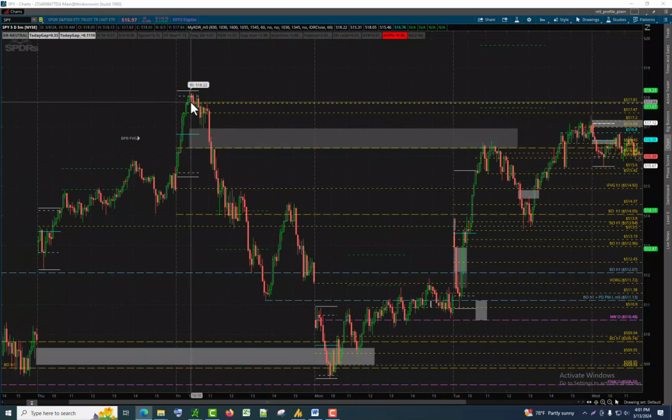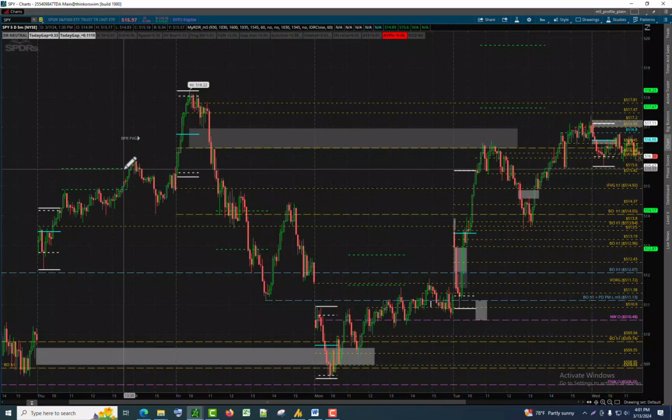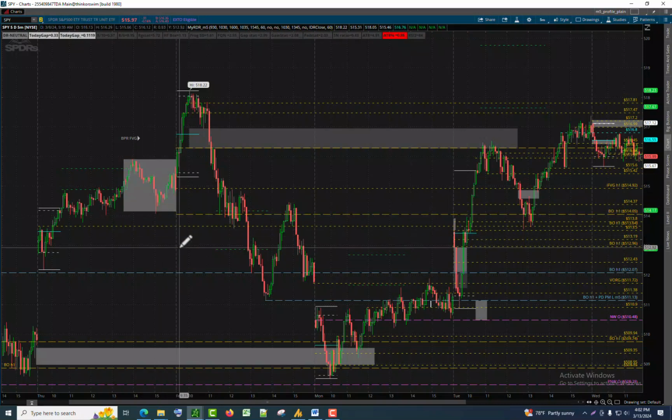Basically, the Judas swing takes out the high, and it breaks out the range from the PM session, which starts at 1:30 right there. That is the model right here.